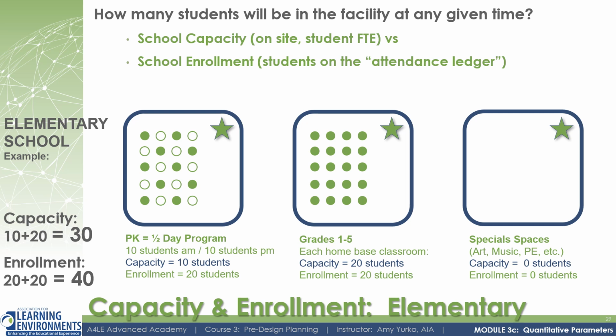As this group of students relocates from one space to another, their location shifts, but this does not result in an enrollment increase. One student can only be in one space at one time. At the elementary level and for full-day pre-K, I won't say never, but rarely will another group of students use the vacated homeroom classroom.